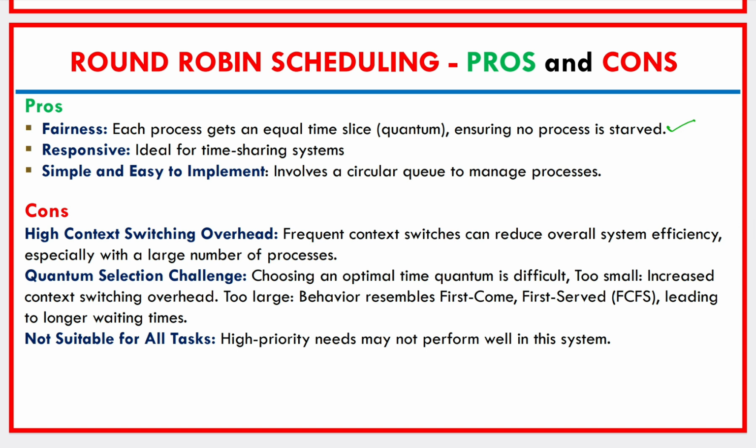Secondly, it is very ideal for time shared systems. As the name says itself, each process is basically getting time to execute on the CPU. Obviously it is simple and easy to implement, but we need to prepare a circular queue to manage the processes.